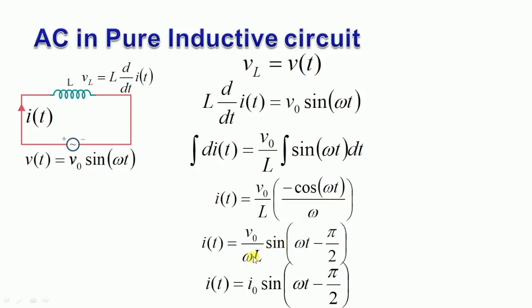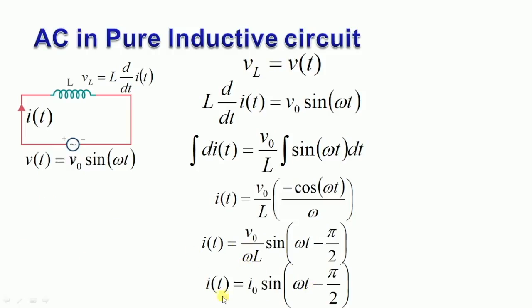This term is frequency dependent. L is the value of inductor, it is multiplied by omega. So higher omega will offer higher resistance. So as omega becomes 0, the inductive reactance will also become 0. So here the term omega L in the denominator is kind of inductive reactance.